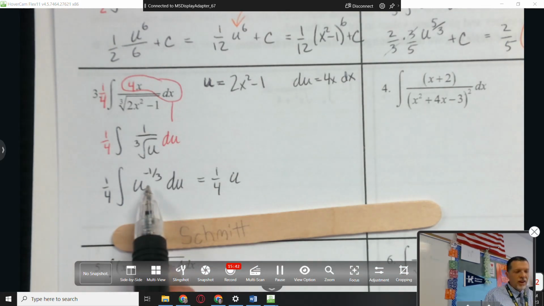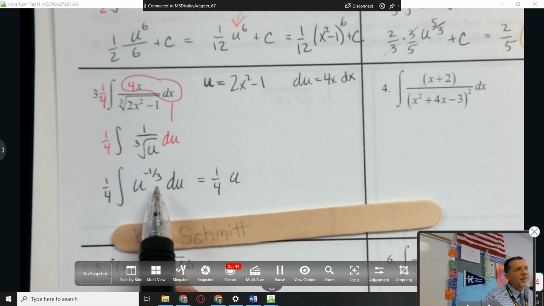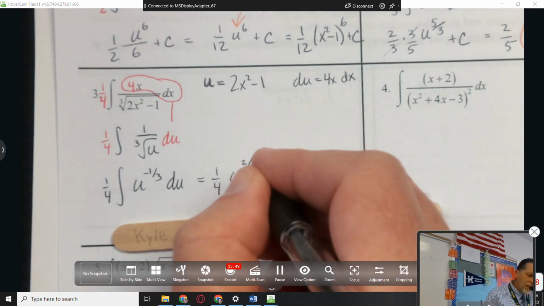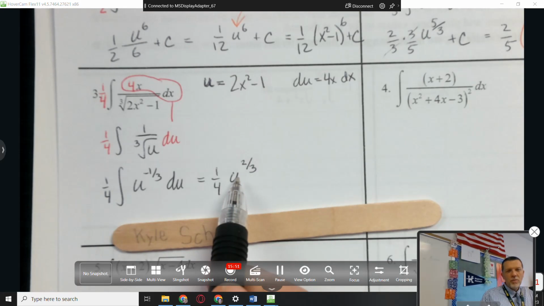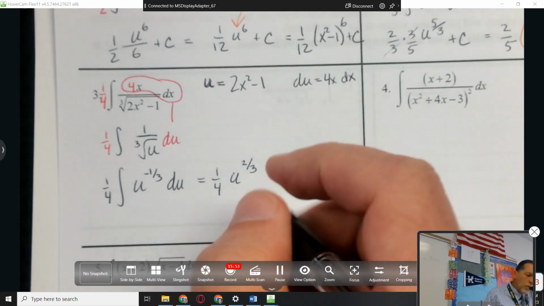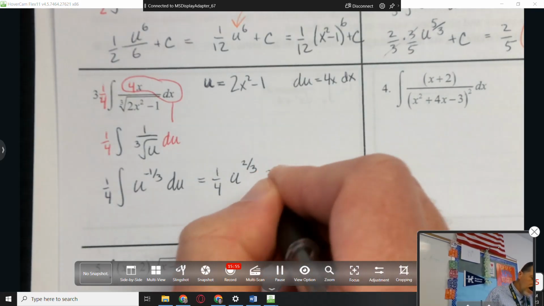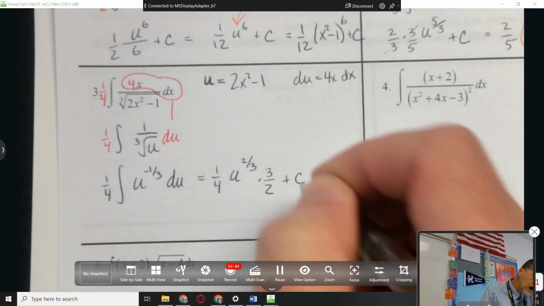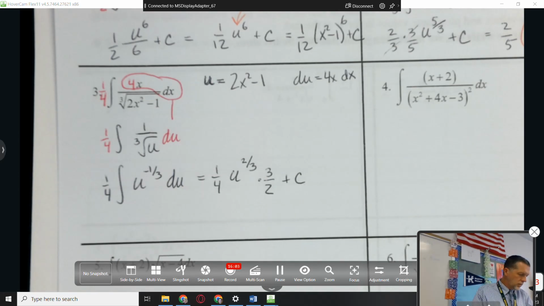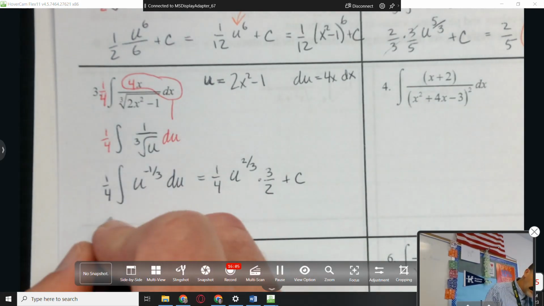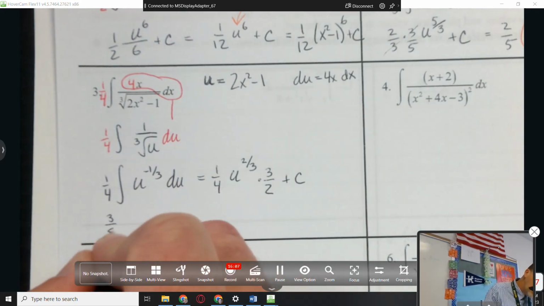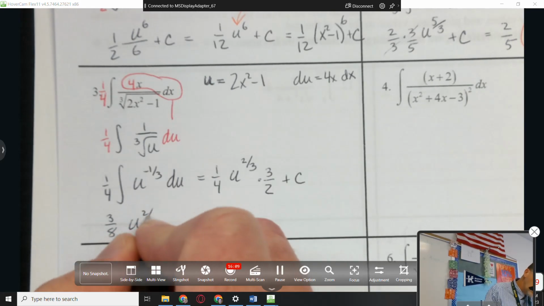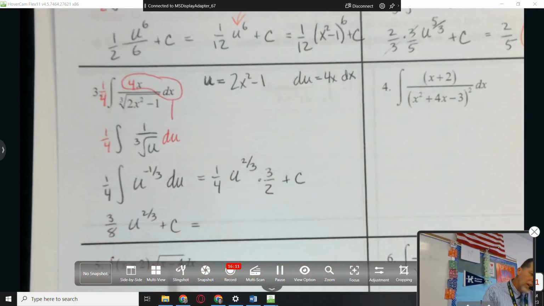So if I increase negative 1/3 by 1, 2/3, and then we divide by the new power, or multiply by its reciprocal, which probably would have looked better out front, but I didn't leave room, plus c, of course. So let's see, that's 3/8 u to the 2/3 plus c.